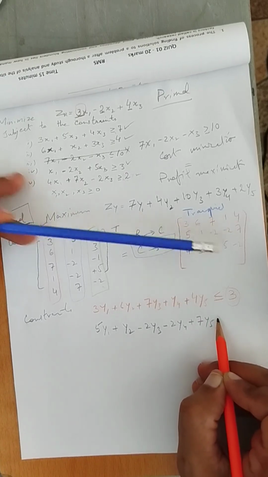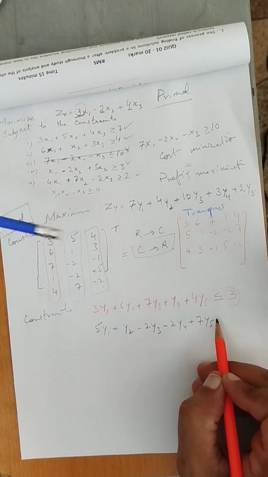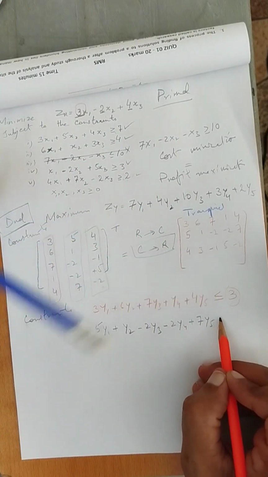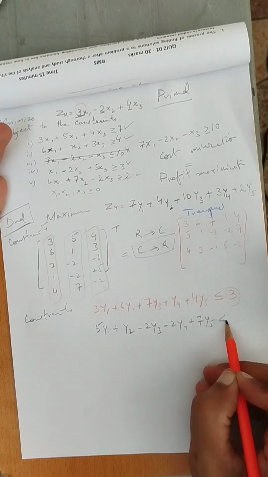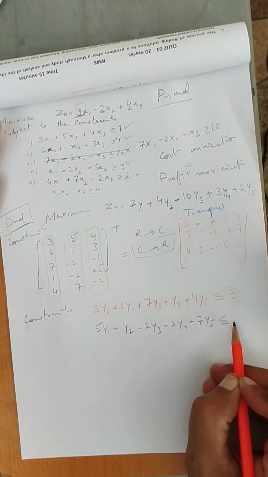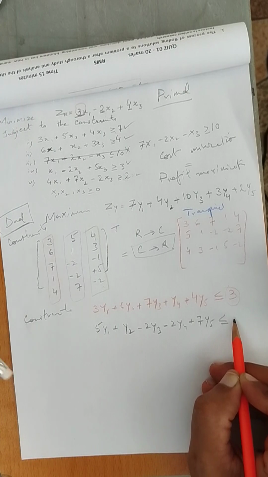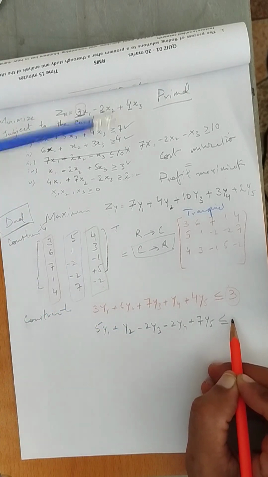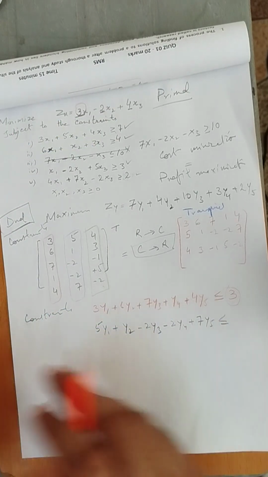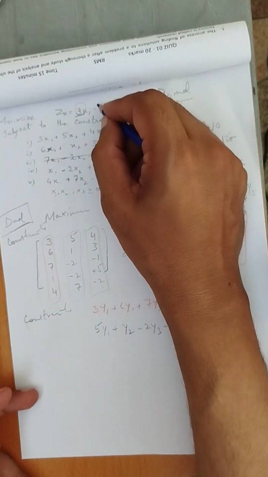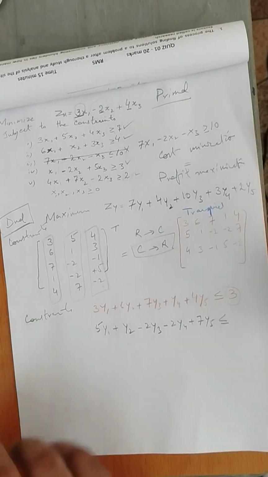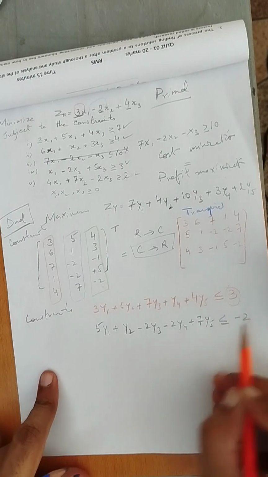Inequalities, as we know that it is a maximization function, and in the dual form we write less than, so that is the less than, and the less than we write the coefficient of the minimization one, that is -2. So -2 would be here.